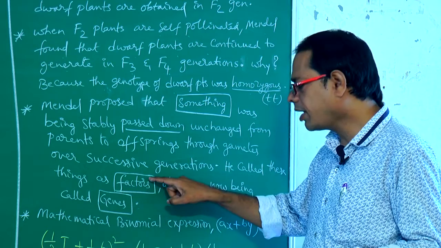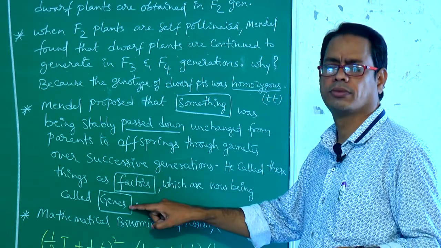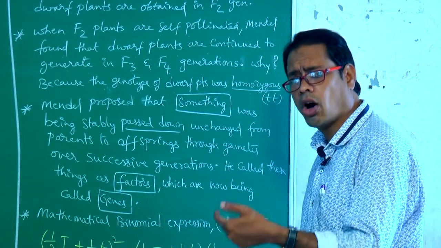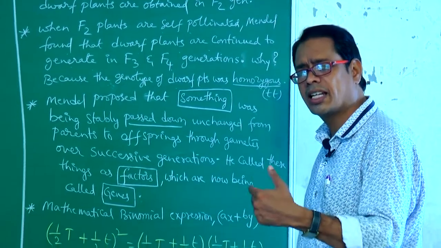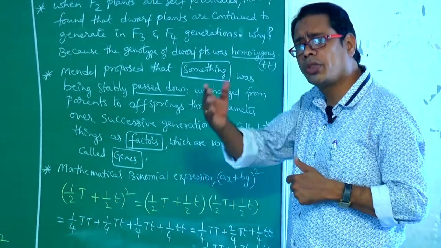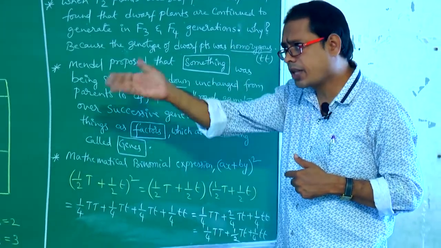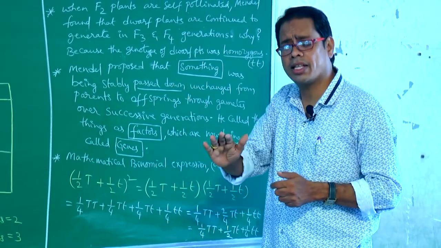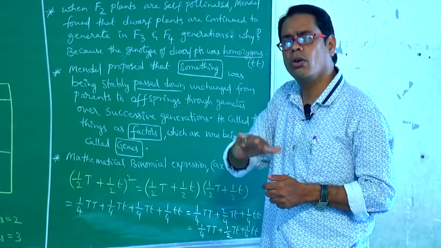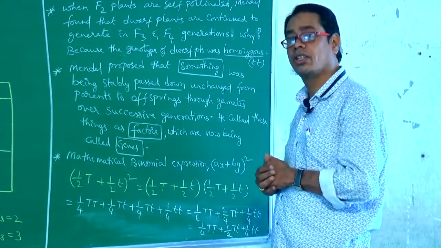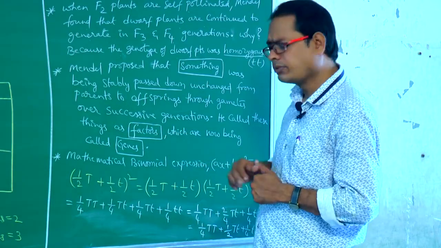This is the old name, this is the new term. That means the offspring will show characters which are similar to parents. That something Mendel called factors. Now these factors are called genes.